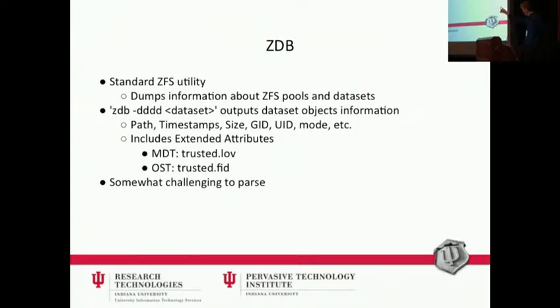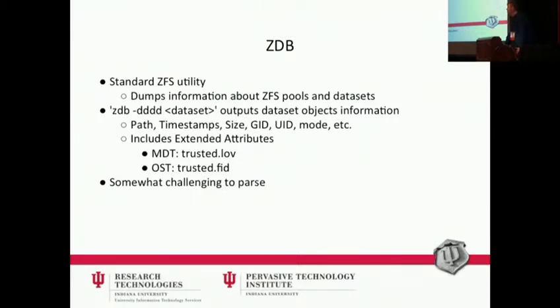You can keep passing it Ds for debug info. And if you pass ZDB, DDDD, a data set, it dumps all of the metadata about those objects from the ZFS perspective.